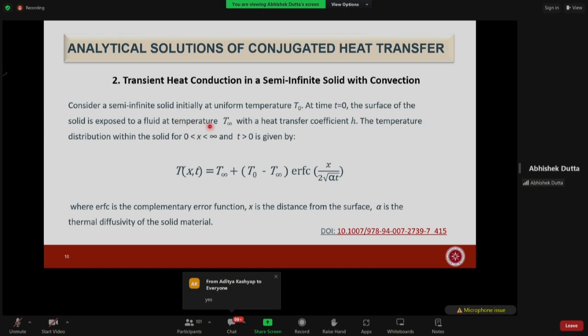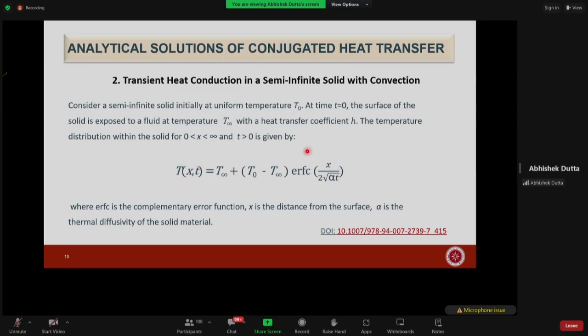Now, coming back to the expression that I've written here: at time t equals 0, the surface of the solid is exposed to the ambient temperature with a heat transfer coefficient h, and a temperature distribution develops between the surface and the ambient temperature along the length of the semi-infinite solid.